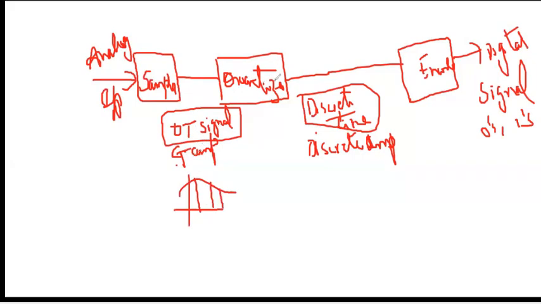After the quantizer, we get a discrete time signal with a discrete amplitude. Amplitude is discrete and time is also discrete, increasing and decreasing slowly according to the waveform. The encoder output is a digital signal, zeros and ones.